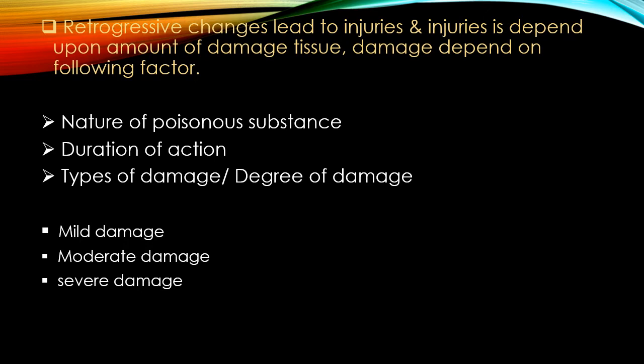In severe damage, along with the visible changes in the cytoplasm and altered metabolism, there are changes in the structure of the nucleus, and this type of damage is irreversible. To summarize: in mild damage, the cell cytoplasm is not affected, only metabolism is affected, and the nucleus is unaffected.